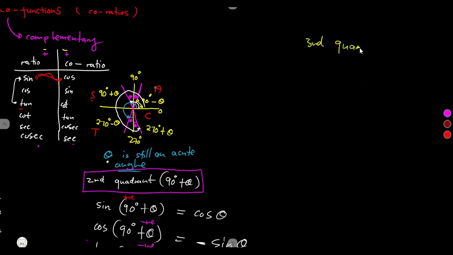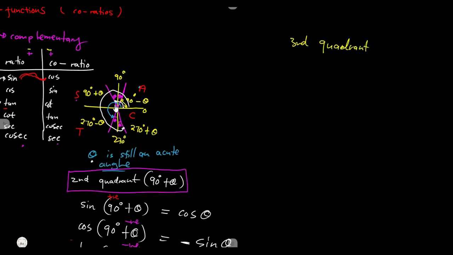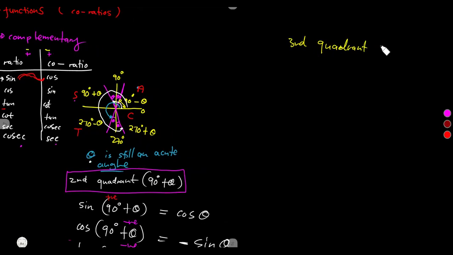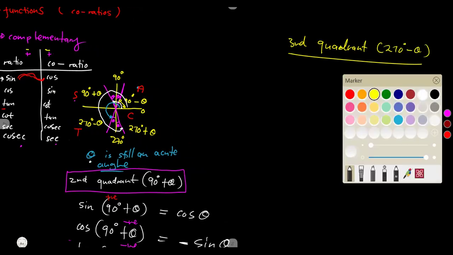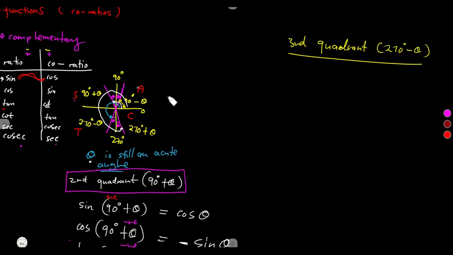So the third quadrant, this is the quadrant for what? This is the quadrant for 270 degrees minus theta. So if we are given 270 degrees minus theta, this is the quadrant for what? A tan. It is only a tan, which is what? Positive. So it means a sine there is what? Negative.